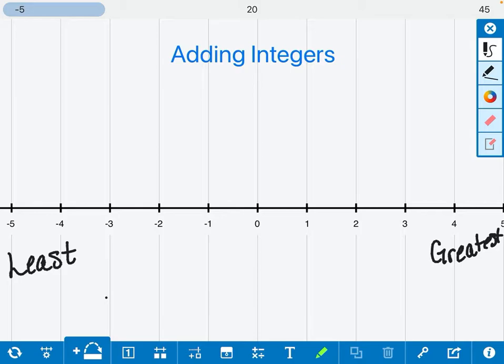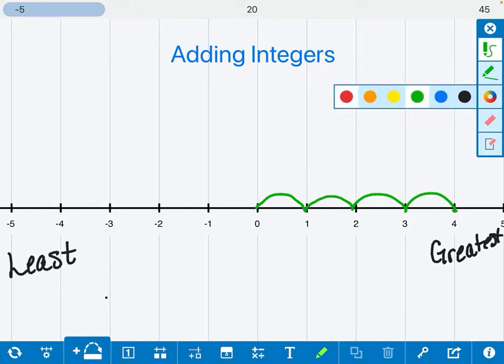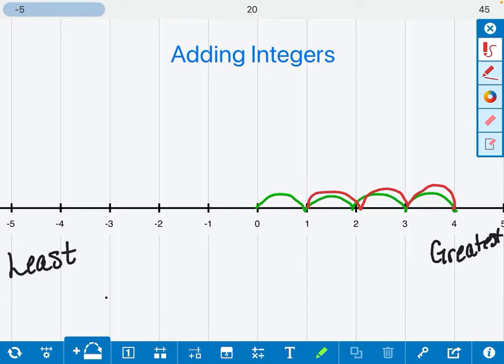We also know, if we think back to elementary school when we used our number line just to add and subtract whole numbers, that when we move to the right on the number line, our value gets bigger. And if we move to the left, so if we were at 4 and then we wanted to go back 3, our value would get smaller.